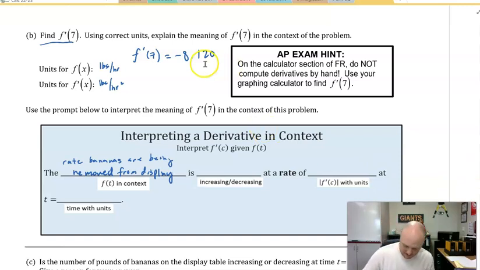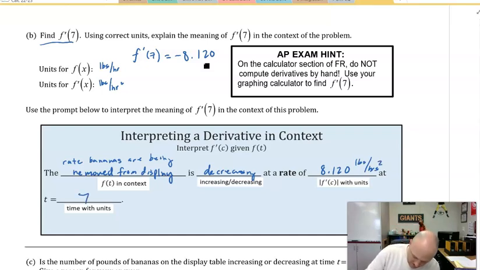Well, it's negative, so this is decreasing at a rate of 8.120, and we want our units pounds per hour squared. Pounds per hour squared at time t equals 7 hours, or you could say 7 hours after the store opened, okay? And there it is in context. Okay, so 1 point for the value on the AP exam, and then 1 point for your interpretation in context. Not too bad.